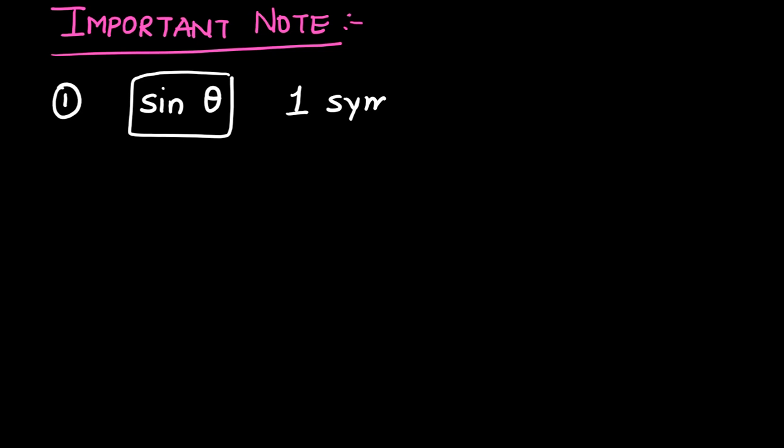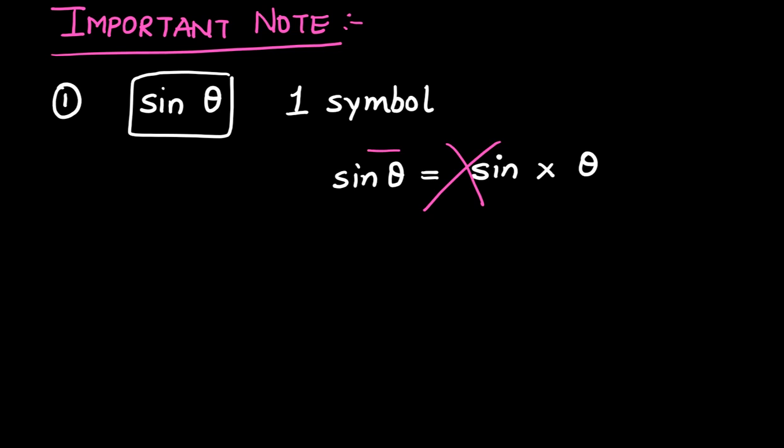Sin theta, if I write it as sin multiplied by theta, it is not like that. Sin theta is a single symbol, and there is no multiplication in between. Okay, so make sure that you remember this point.